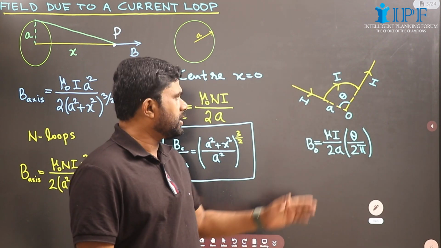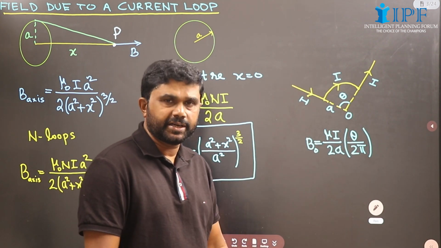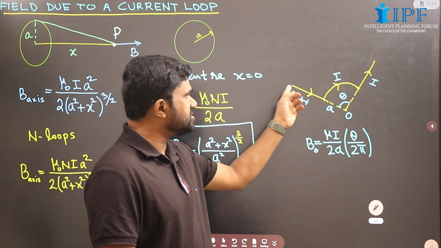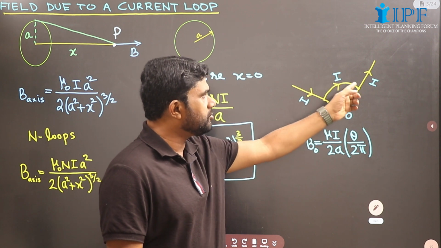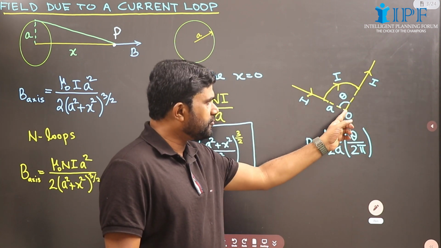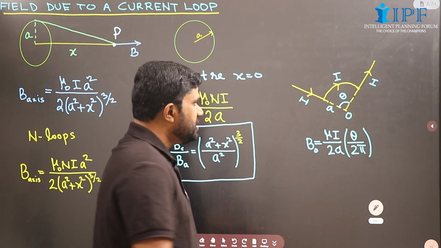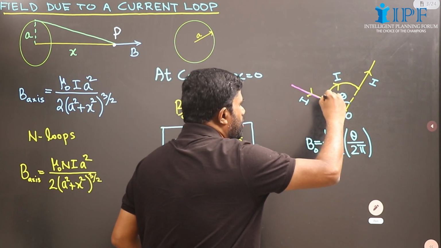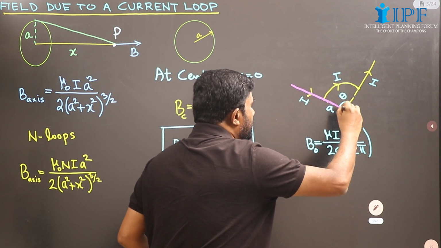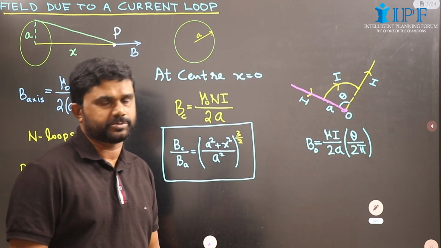Now here we have to find the intensity of magnetic field at the point capital O. Here there is a straight conductor, then a circular arc, and then again a straight conductor. As the point of observation O is along the length of this conductor, this straight conductor will not produce any magnetic field at the point of observation.